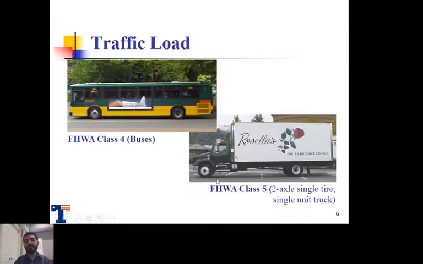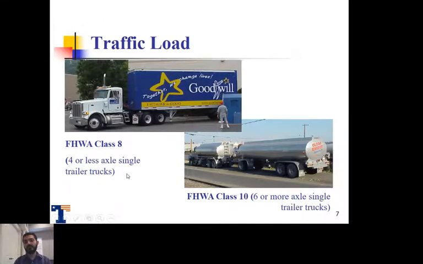For the traffic loading, here is an example for the FHWA class 4, which is a bus, and we can have class 5, which is two axles, single tire, and a single truck unit. Here is another example for class 8, which has four or less axle single trailer trucks. So we have one in the back, two, three, and four.